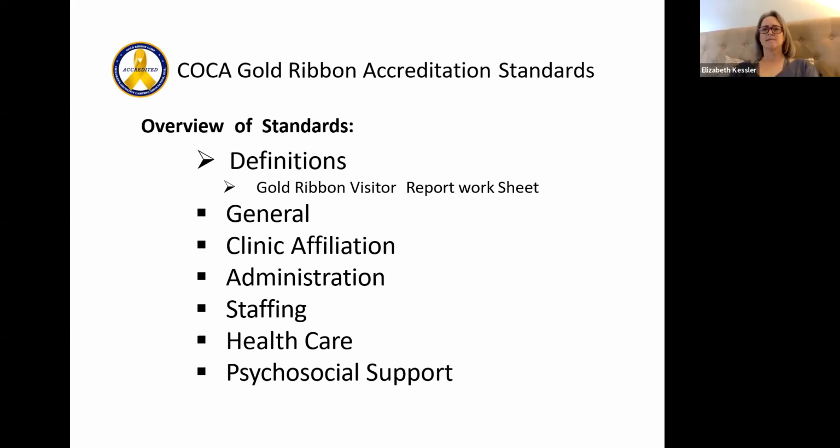And I know we have less than 15 minutes left, and I did want to get to 1.1, but just as a general point with regards to the standards, we have definitions. Definitions have been expanded this year to include some others. I'll mention those, so just something to take a look at. And then we have the sections that are the general clinic affiliations, administration, staffing, healthcare, psychosocial support, which are the different sections of the standards, just how they're organized.